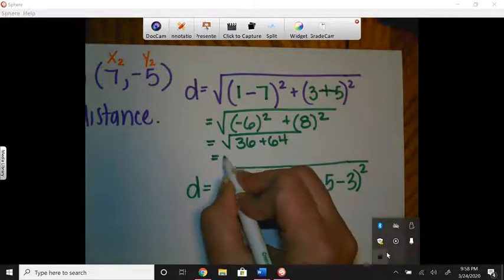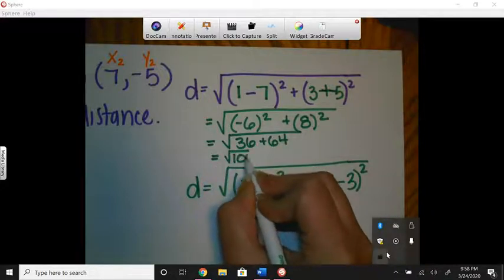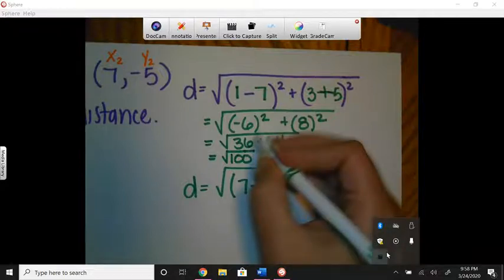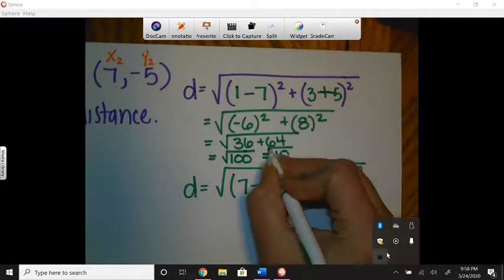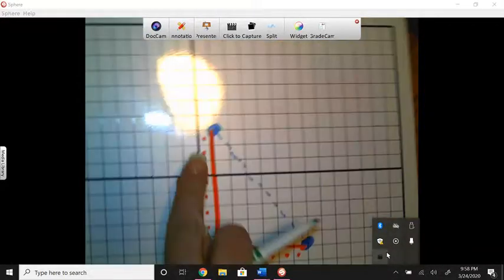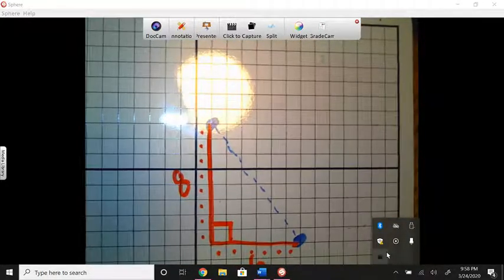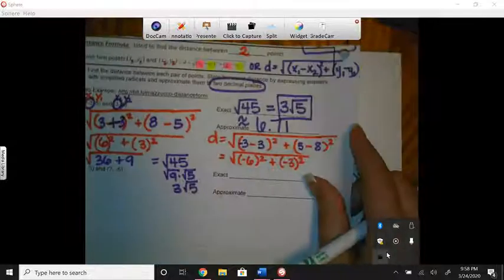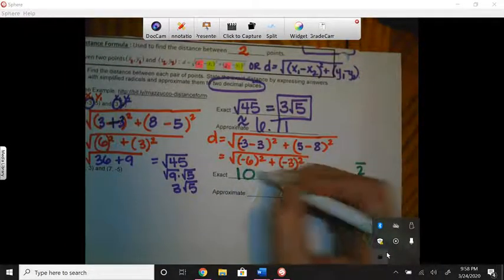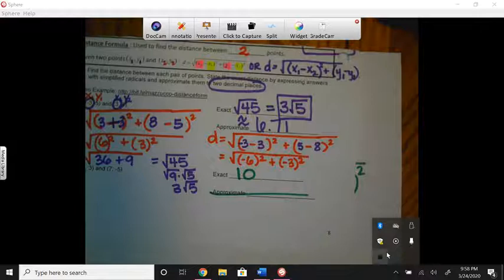And then we get the square root of 100, which is 10. And that's what it looks like. So if you left your answer as 100, that's definitely not 100 squares in length. So our exact answer is 10. And so we don't have an approximate since it's exactly 10.